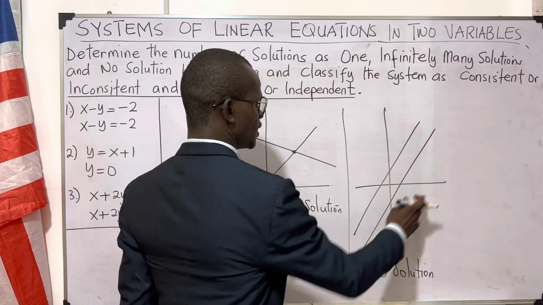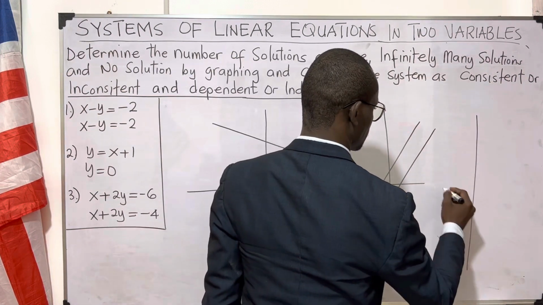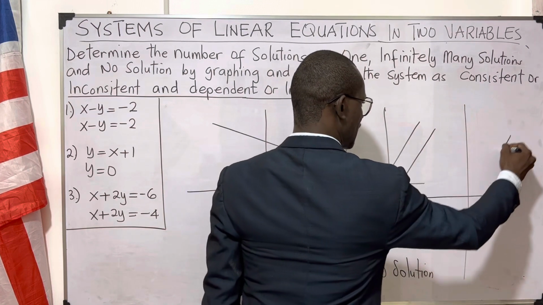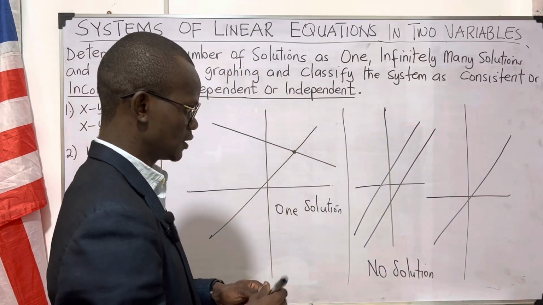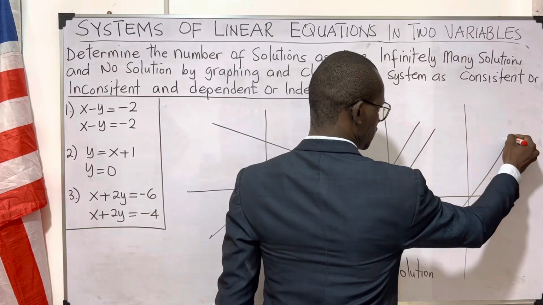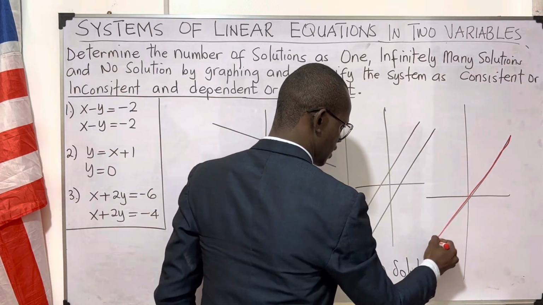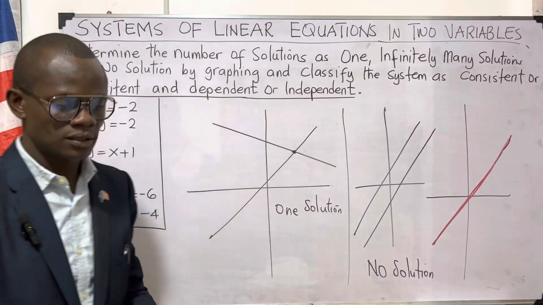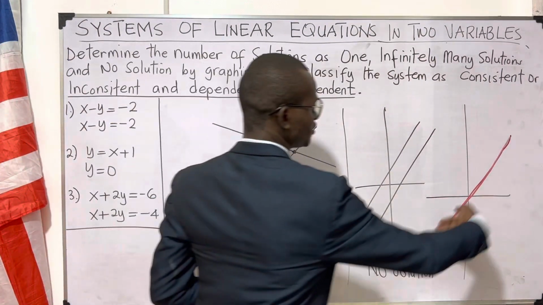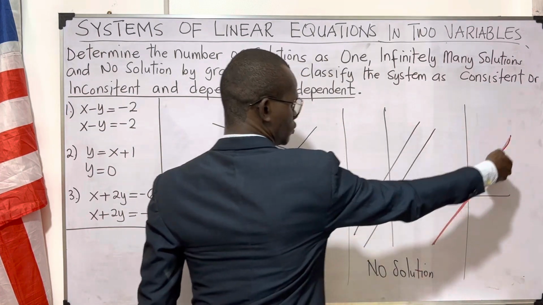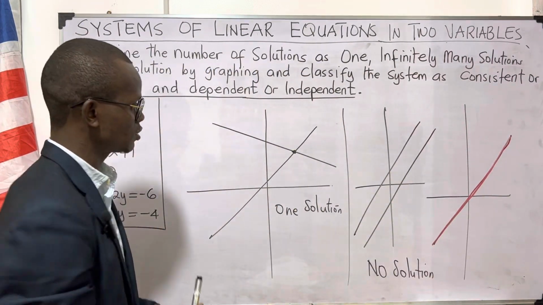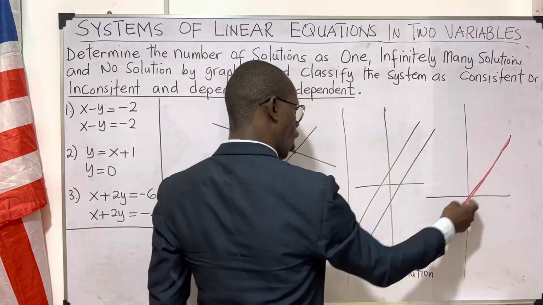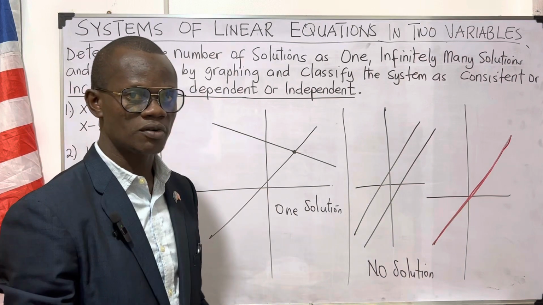And when you have a case wherein the graphs coincide, the first graph is like this, and the second graph runs along this first graph. When it coincides, it means it has many solutions, because they intersect each other at all of the points on both lines.